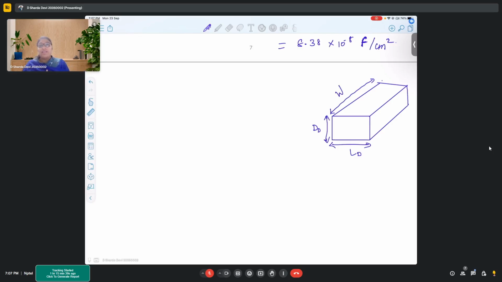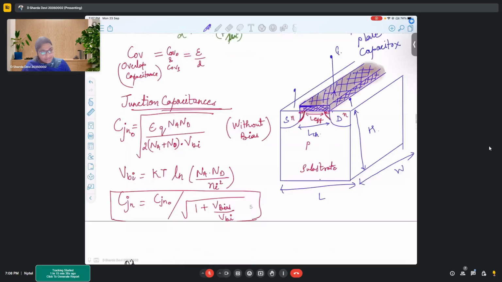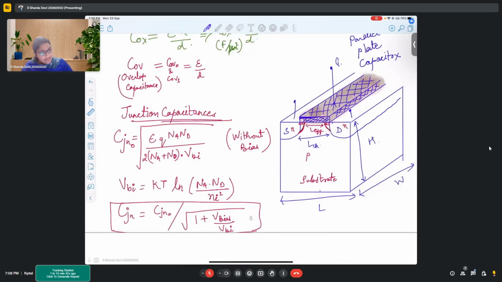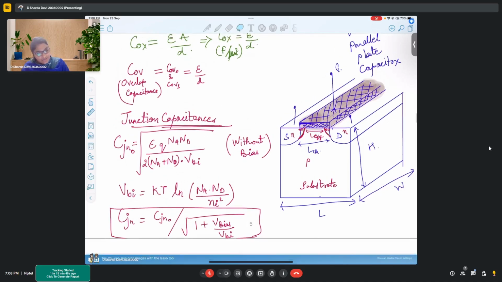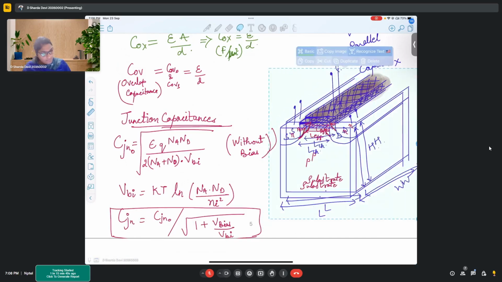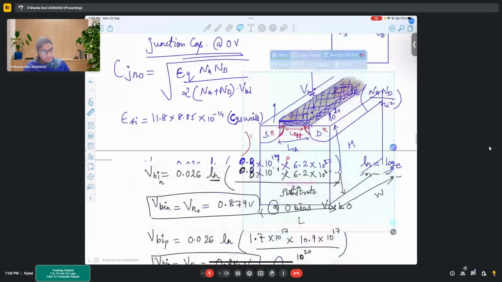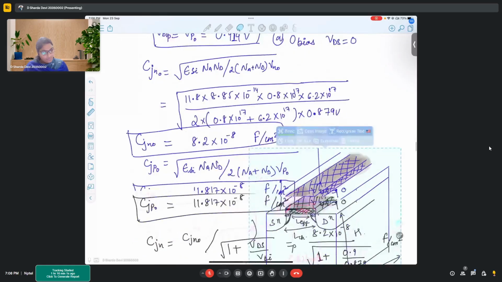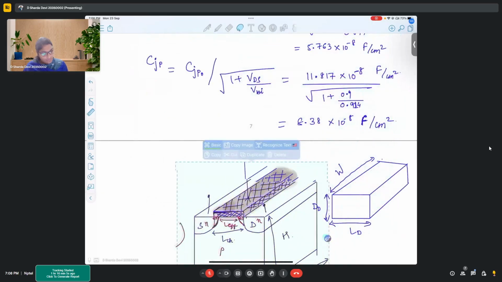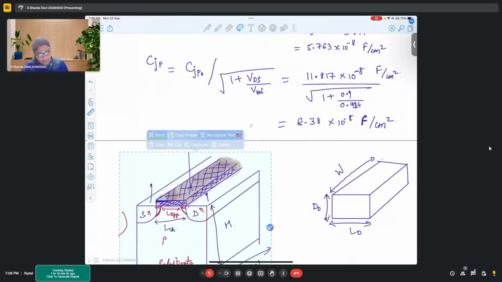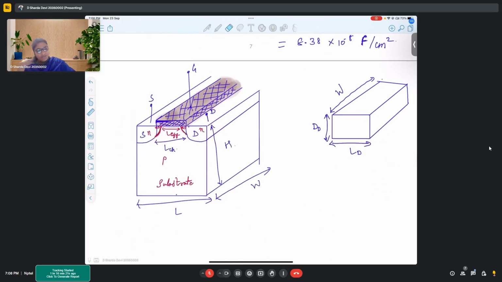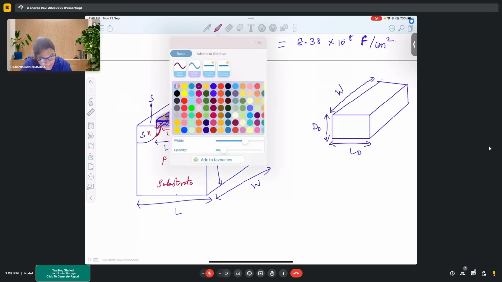Now, when we talk about where all the junction will be formed, if we see this particular diagram in 3D, and now if I transfer this here, gate, source, drain, looking from here, we can see where all the junction is formed.